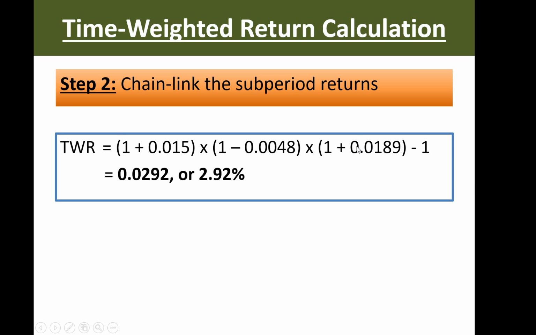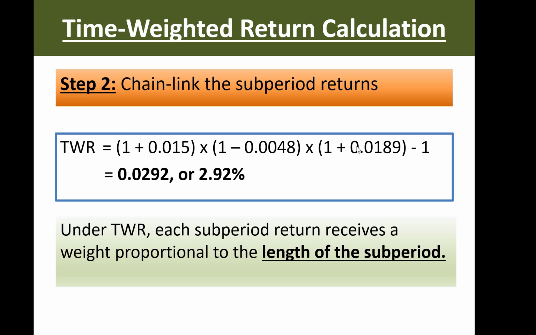And if you do that with the math, you'll end up getting 0.0292 or 2.92% here. So this is a chain linking part that you'll see a lot whenever you're doing return calculations over periods of time where you're connecting sub-period returns. So this is basically the final time-weighted return calculation that you will have.